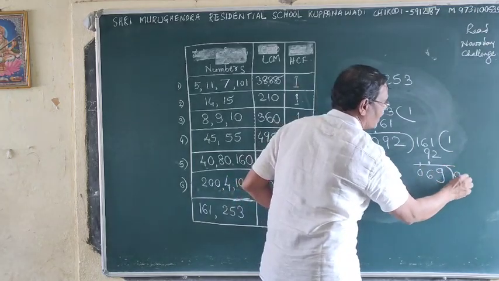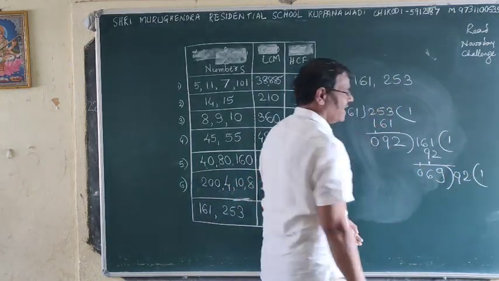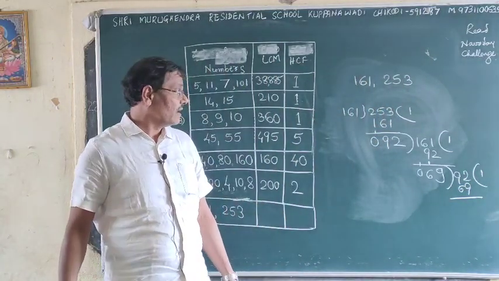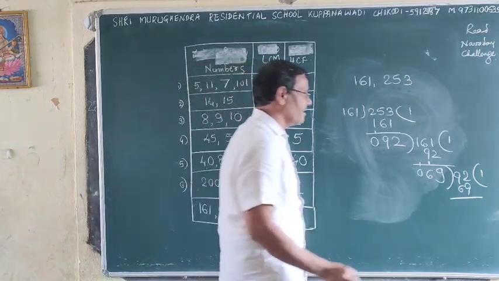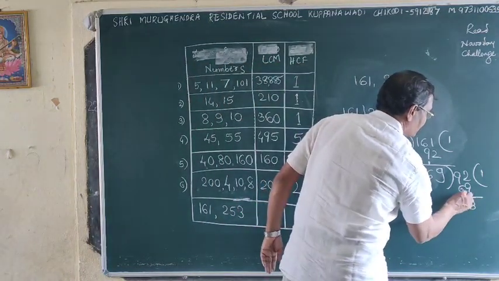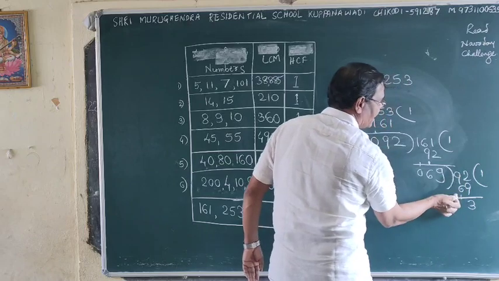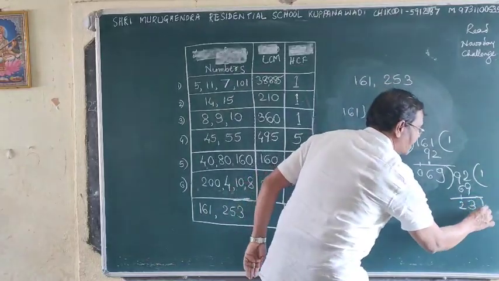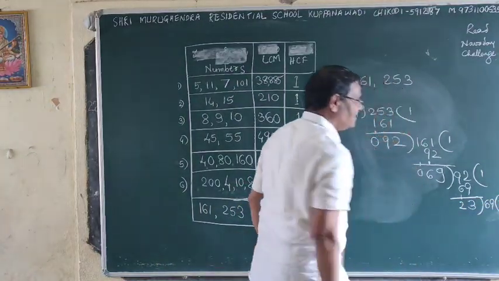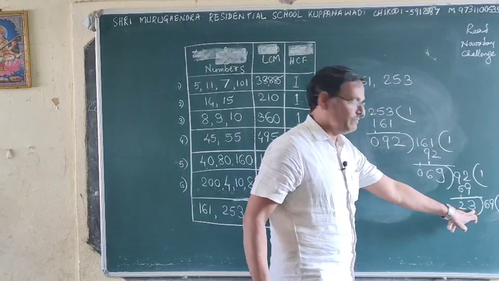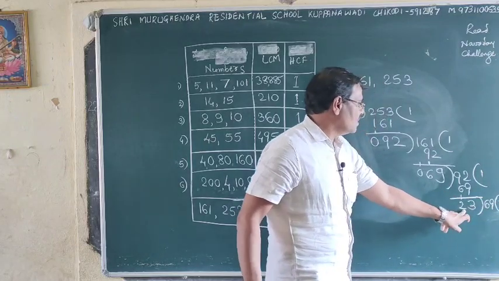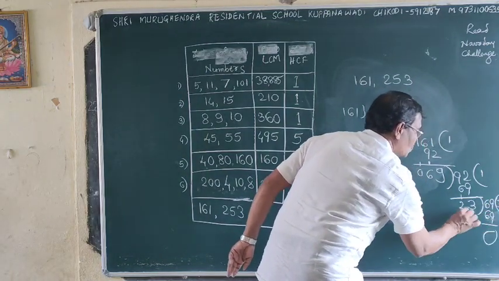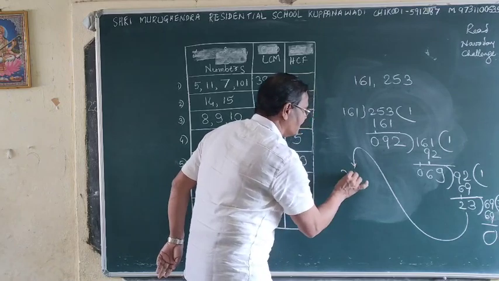Again 92 you have to take. 69 1s are 69. Because the other number if you take, 120 above it is. So here 3 and here it is 9 minus 7 it is 2. See, 69 again. 23 is prime number. 3 3s are 9, 3 2s are 6. So 3 is a 69. So 23 is HCF.